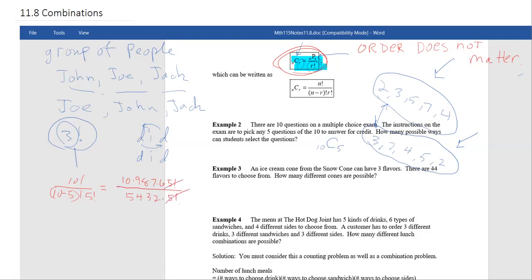The 5 factorials cancel, and I can do a little bit of work here: get rid of that 10, make that a 2, make that a 3. Now it looks like I just have 3 times 2 times 7 times 6, which is what? 6 times 42 is what? 264, right?